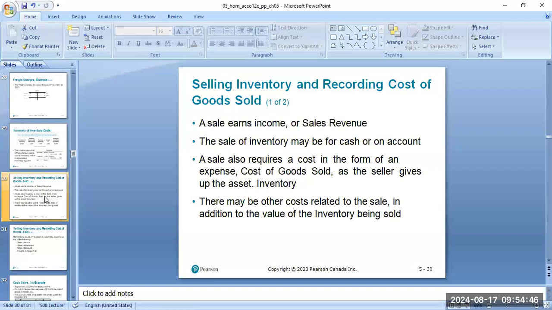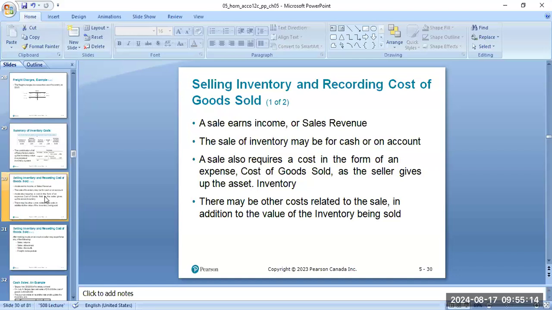Okay, so what will be the journal entry? Debit cash, credit sales revenue. But hold on a second. How about the inventory that we just sold? Do we have to update our inventory records? Yes, we do. We have to reduce our inventory, but to reduce it, we have to debit some account.